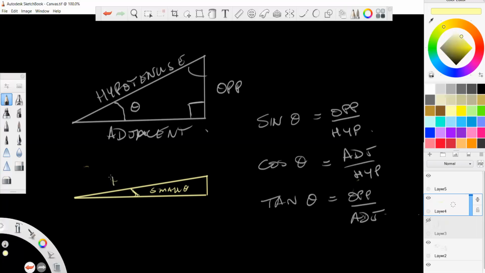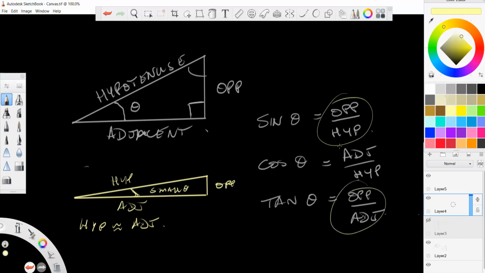Then my hypotenuse and my adjacent are very similar. This is the opposite. So the hypotenuse is approximately equal to my adjacent. Now what that means is I've got opposite over hypotenuse and opposite over adjacent. It doesn't make much difference whether I use hypotenuse or adjacent, which means these two must be similar.